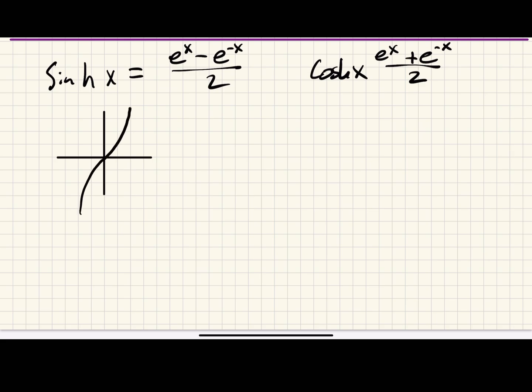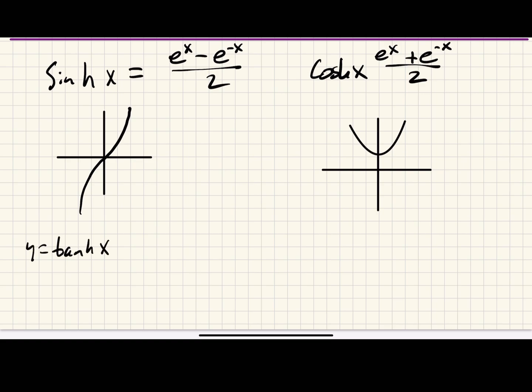So right here is the hyperbolic sine. Hyperbolic cosine looks like this. Kind of like a fat parabola. Hyperbolic tangent looks like this.